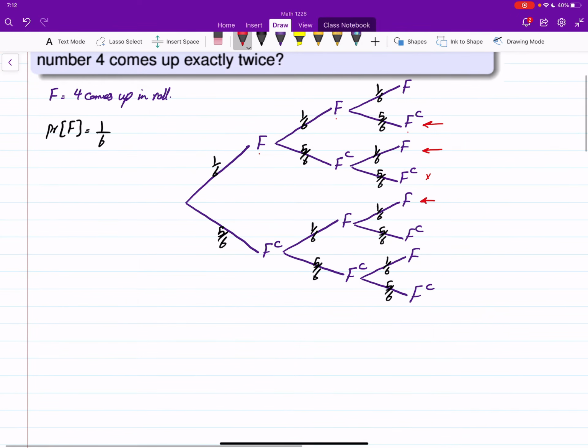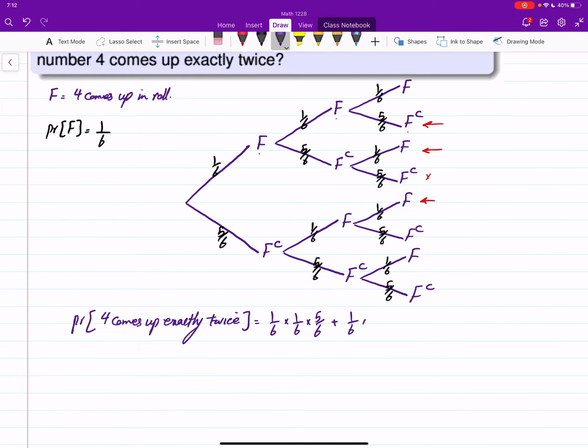Okay, so now if you're interested in finding the probability that 4 comes up exactly twice, this will be the sum of the probability of those 3 paths. The first one is 1 over 6, 1 over 6, 5 over 6. Then 1 over 6, 5 over 6, 1 over 6, and 5 over 6, 1 over 6, and 1 over 6.